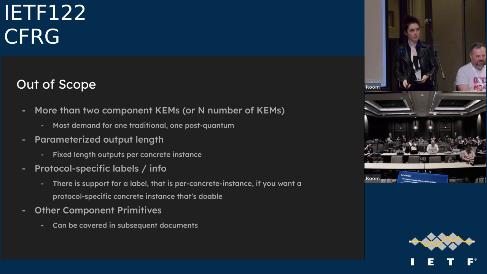There's a label that you are required to put in the recipe, the name of this hybrid KEM. If you want to put protocol-specific information in there, you can, but that's you defining a protocol-specific hybrid KEM that is non-interoperable with other instances of hybrid KEM. If you want to do that, you can, but just letting you know. And if you want other component primitives, go right ahead, but there'll be a separate document. As I said, I already have ideas of exactly what I want to do there.